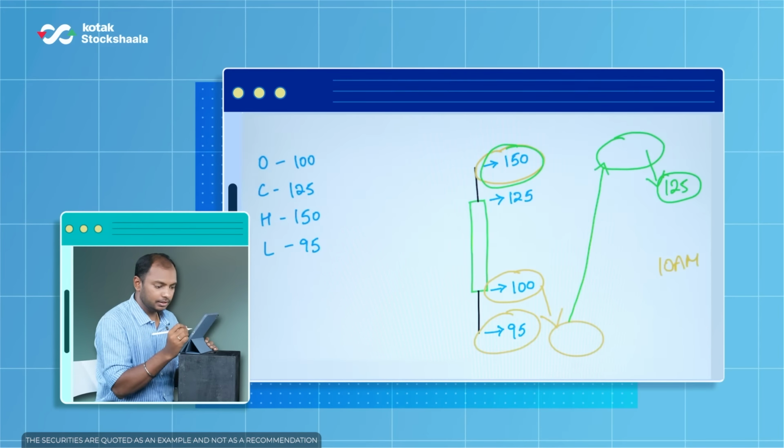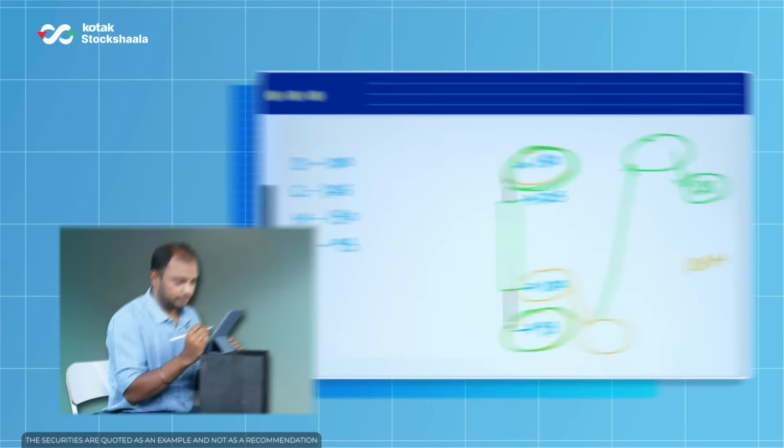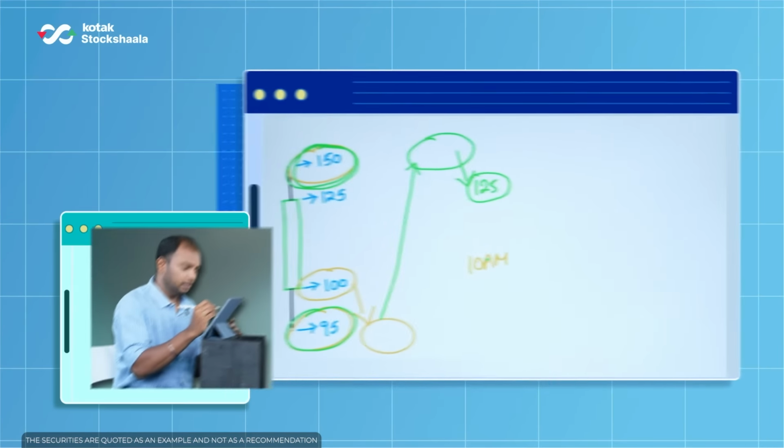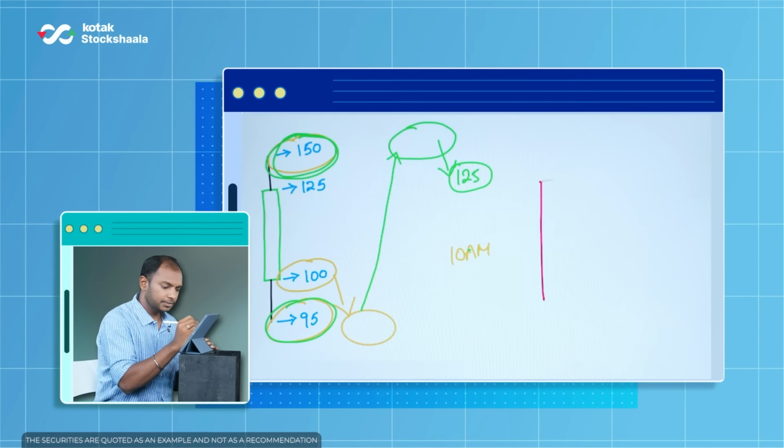So that is the reason why we see a lower shadow as well as an upper shadow in this specific candlestick. Whether it is a green candle or a red candle, there is always formation of shadows and the values of high and low remain the same on a green candle as well as a red candle.